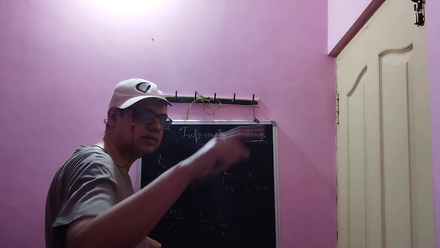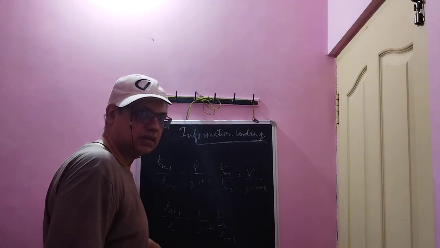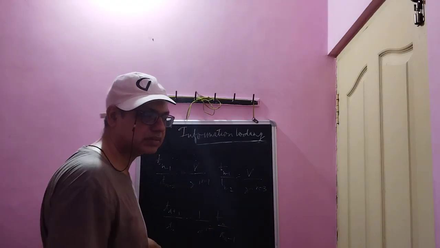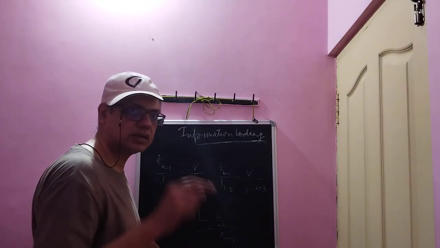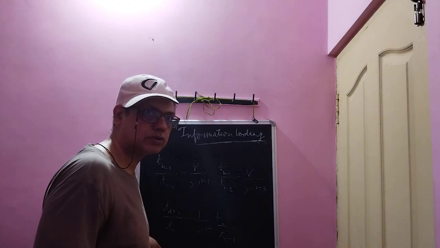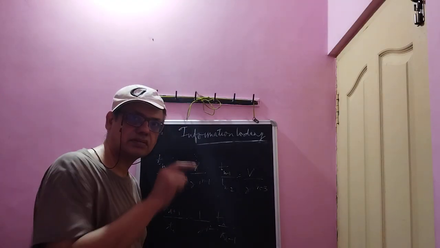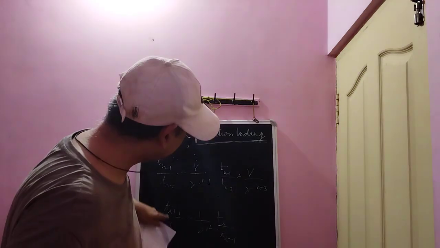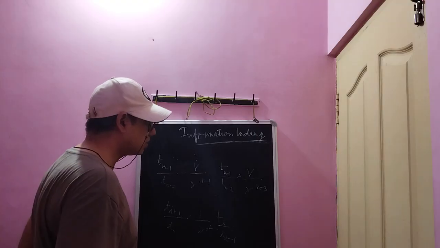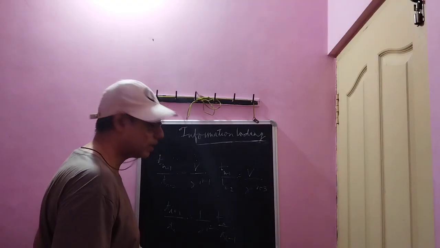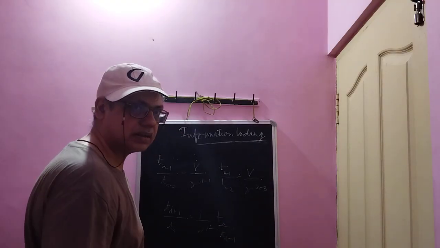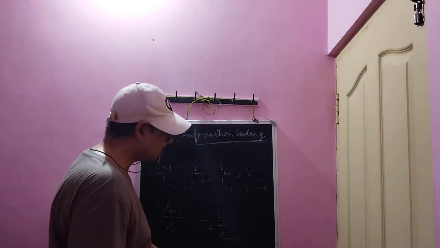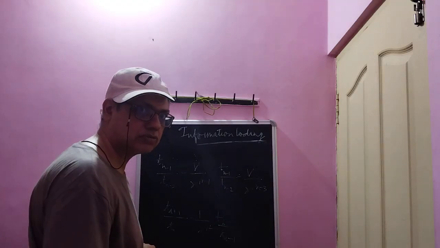So just like we can construct a difference table, if the first order difference is a constant, the sequence is an arithmetic progression. If the second order difference is a constant, the sum to n terms will be a polynomial of order 2, and so on. We can construct a ratio table where if the first degree ratio is a constant, it will be a function of r power n, and as we shall see, with the second degree ratio table, if the second degree ratios are constant, it will be a function of r power n square, and like that.